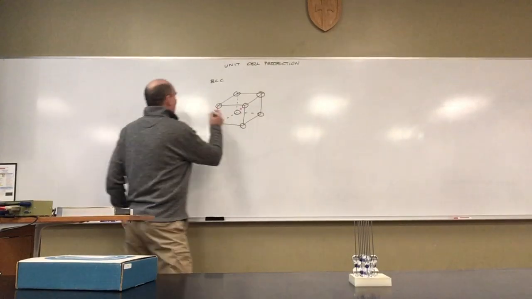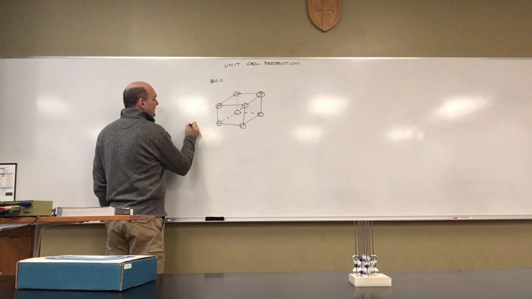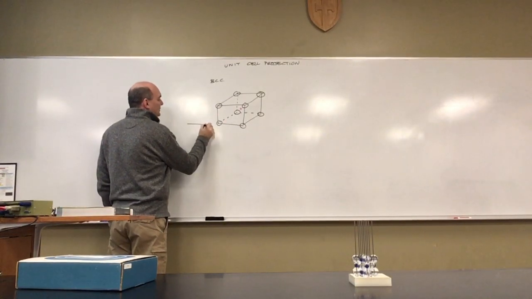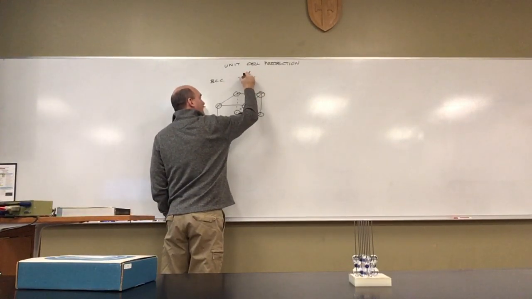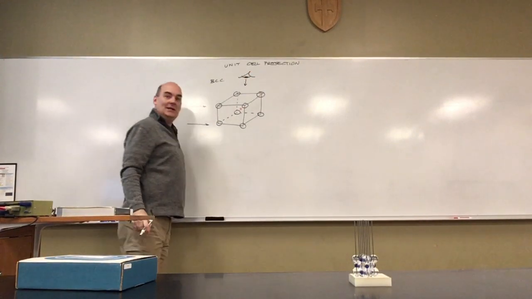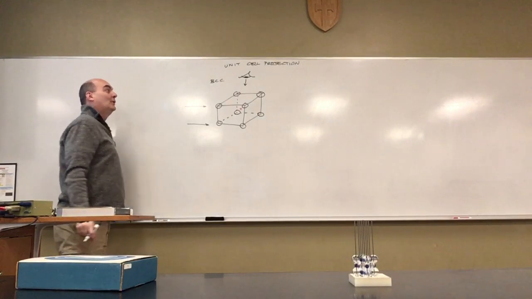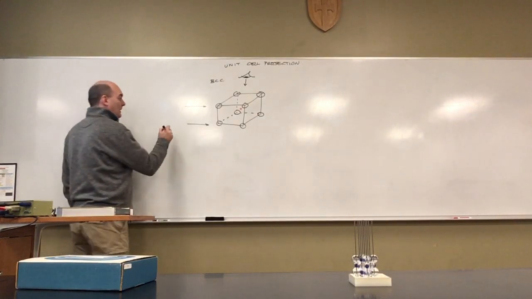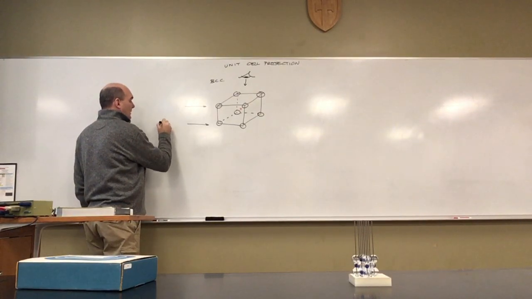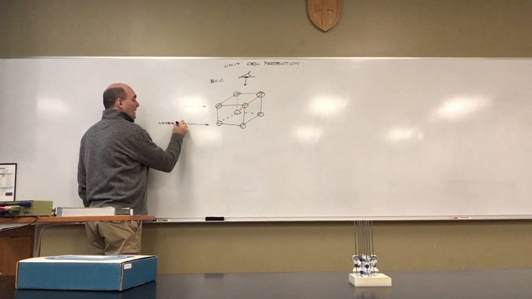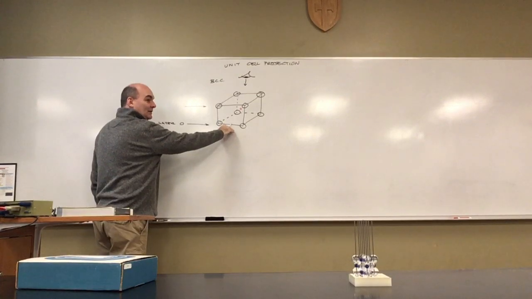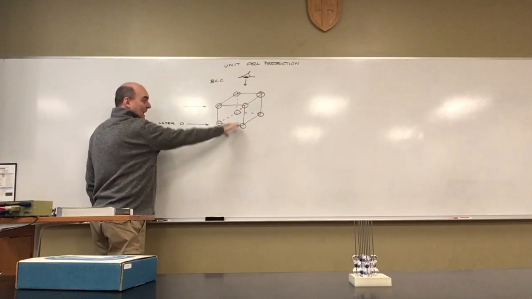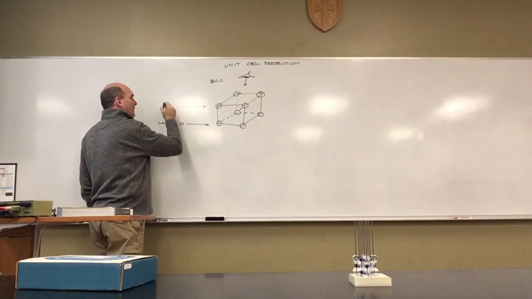Okay, I'm going to look at this in layers. So my eyeball is going to look at it here from what we call the plan view. Where this cube unit cell is touching the table surface, that's layer 0.